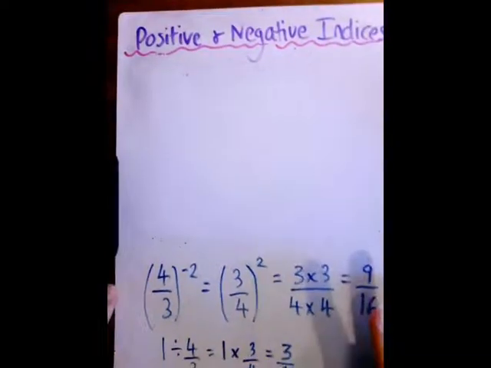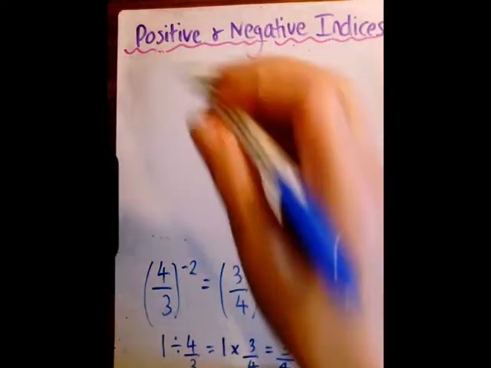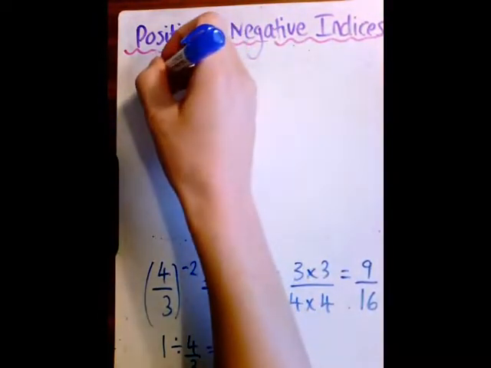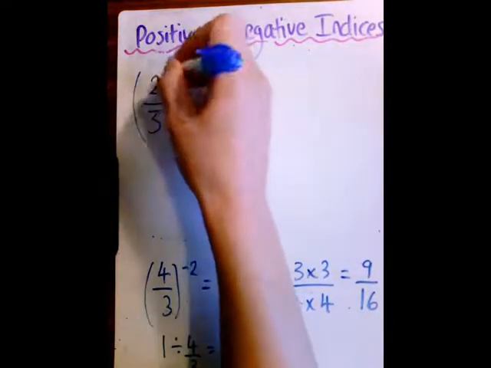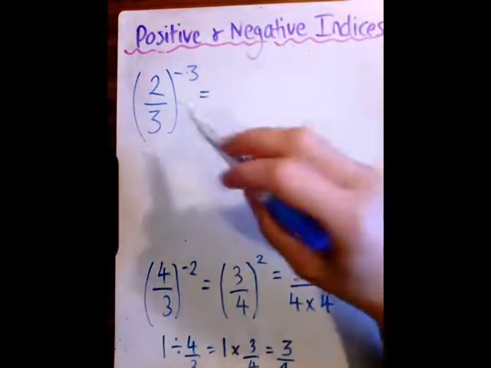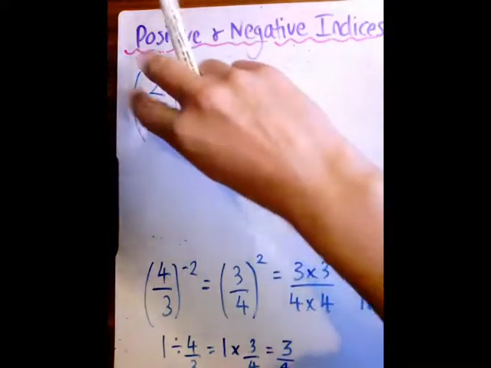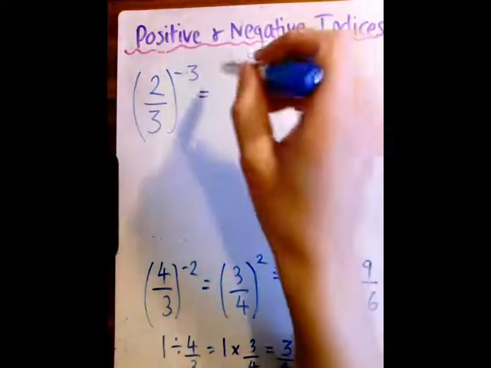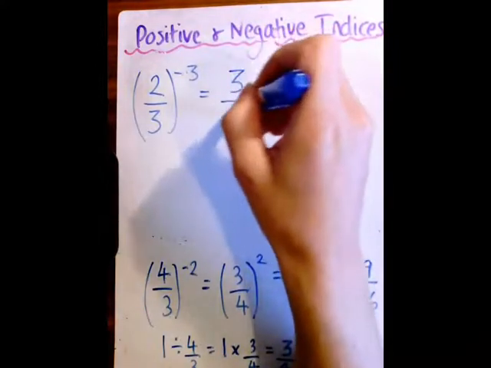So let's say we've got, let's try 2/3 to the minus 3. So first of all, the negative means we need the reciprocal. So we can just flip the fraction upside down because it would be 1 over 2/3, which just means I flip the fraction.